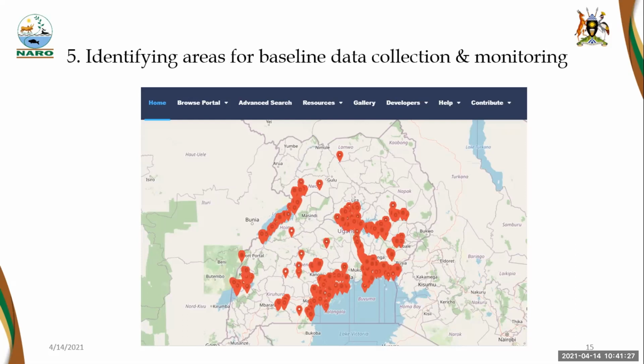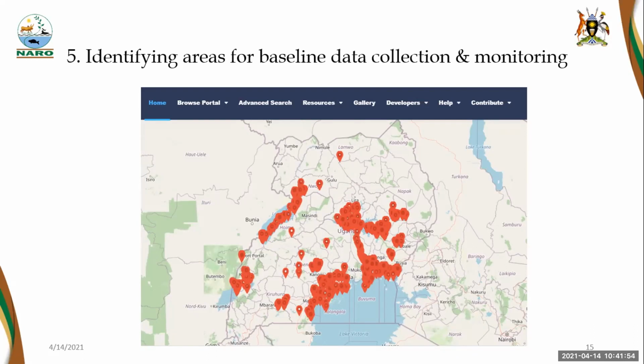Those areas include rivers, swamps, streams, and wetlands. And with this information, we are able to show the people who hold the money that we need to collect baseline data.